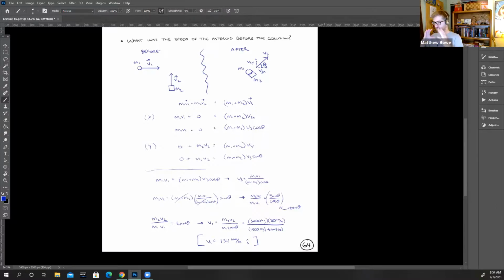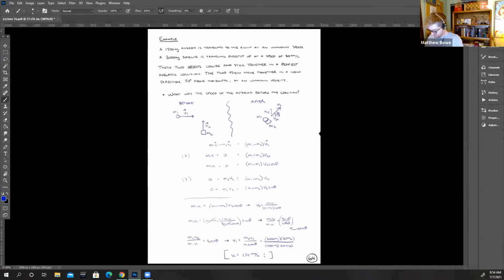You say the total momentum in this bubble is going to stay constant in whatever happens. It's a very useful tool. Moving on to the next chapter, we have rotation. Let me pull up rotation.